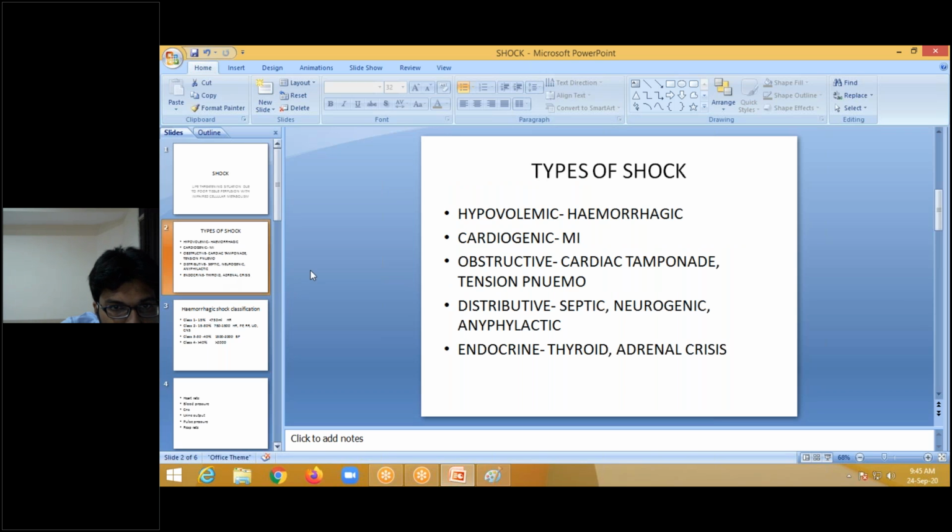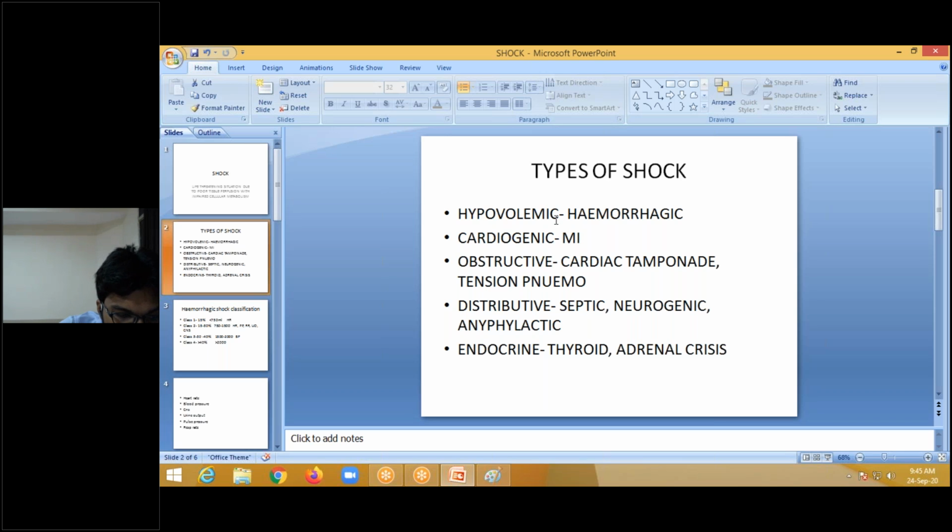And we can know some little bit of definitions of these shocks also. Hypovolemic, as the name suggests, is decreased volume, due to decreased circulatory blood volume in relation to the total vascular capacity, and characterized by reduction of diastolic filling pressures.